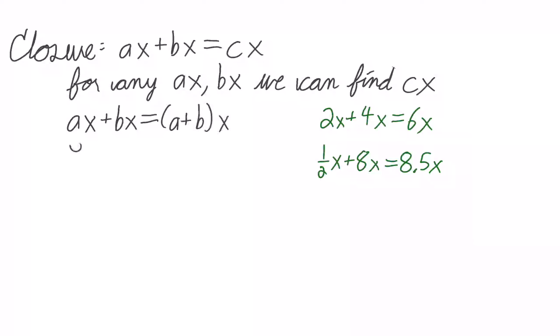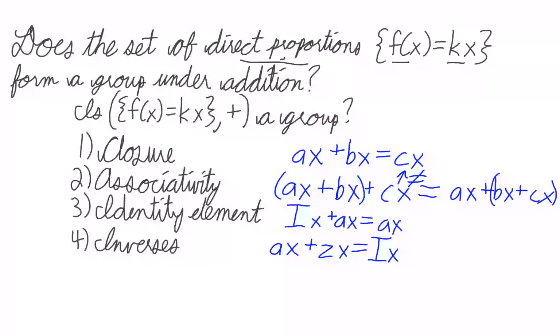Then let c be whatever we get from adding a plus b. And so then this is just cx, how we want it to be. So it works. We've got a formula for doing sums. So closure works. When we add two direct proportions, we get another direct proportion. So we followed that axiom.